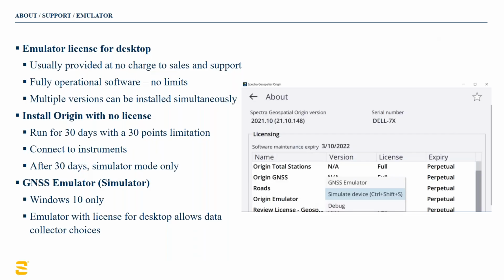Let's talk about emulator and simulator. Again, I'm unsure how to use these words. The emulator for the desktop is usually provided to sales and support people. It allows you, from the PC that you're using on a daily basis, usually a laptop, full functionality of the software.